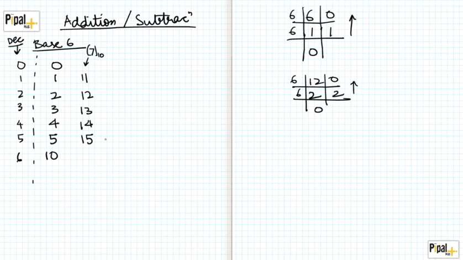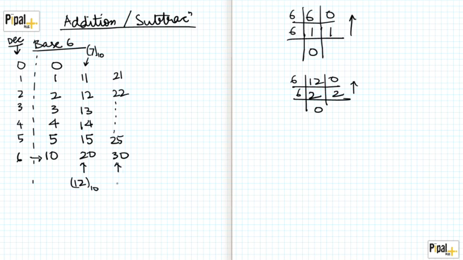So the second multiple of the base is represented by the digits 20, right? Likewise, if we continue this, this is 6 in decimal, this is 12 in decimal, so the number 13 in decimal system will be represented by 21 in base 6, right? And 22 and so on to 25 and 30, right?